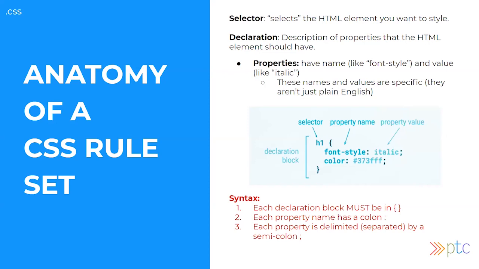To summarize, to insert a property into the declaration block, you write the property name, a colon, then the property value, and then finally a semicolon. Don't forget the semicolon, because this is really important, as it tells your computer that you're done describing this property. If you forget the semicolon, the code will not work.